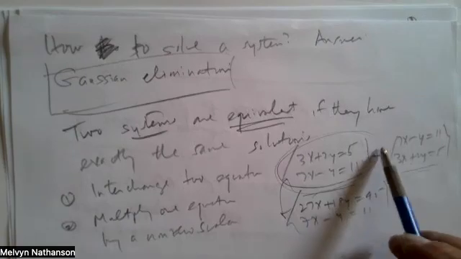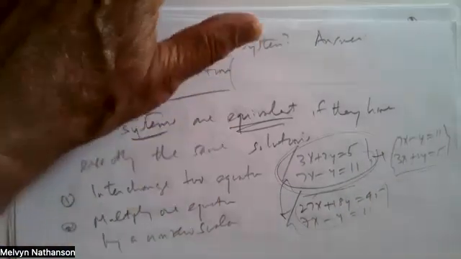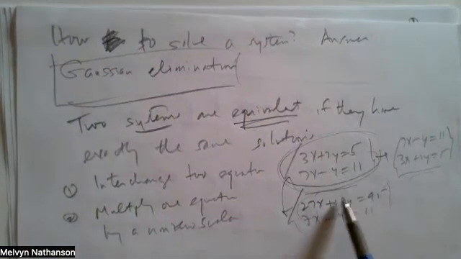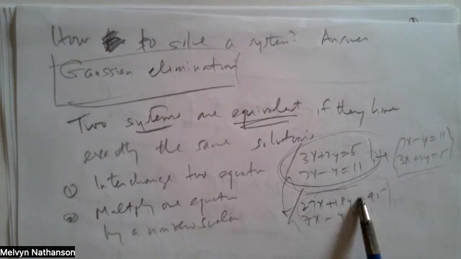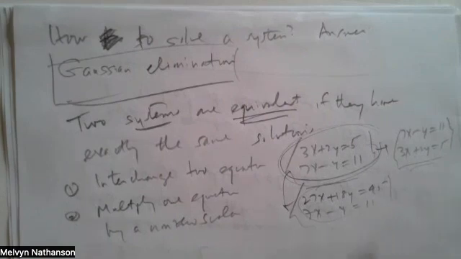I got from here to here by multiplying the first equation by 9, but it should be clear. If x and y solve the first equation, they solve this, and if x and y solve this, they solve the first, because you're just multiplying by 9. So multiplying an equation by a non-zero scalar gives you a different but equivalent system of equations.